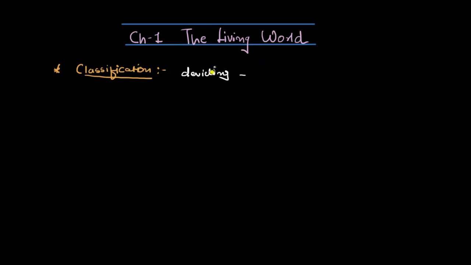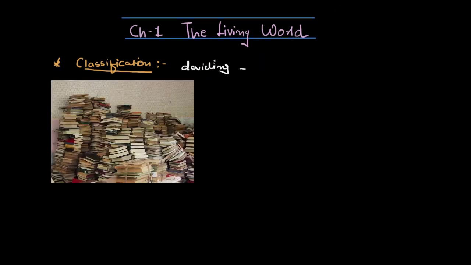So let me give you a common example. For example, I give you a task where there is a pile of books, and I ask you to find me a book that is related to science and has an environmental review in it, like environmental science.